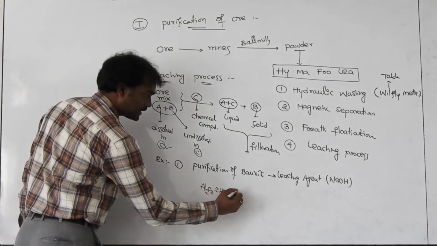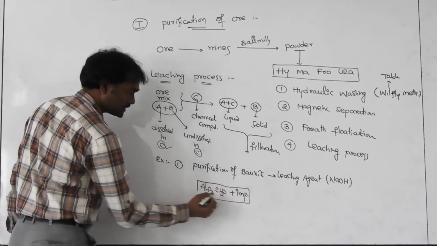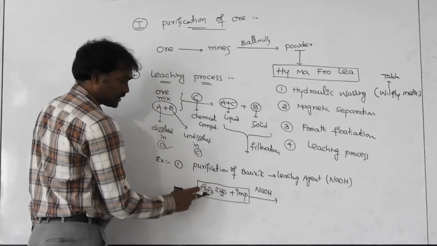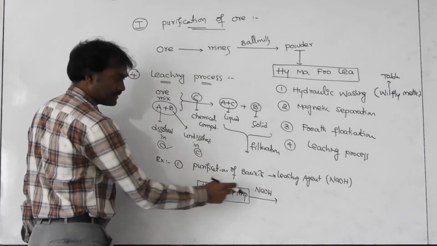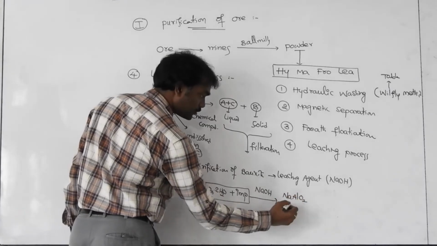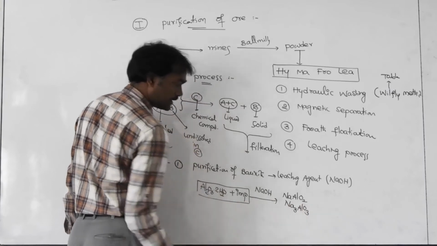This contains impurity. Now we treat it with NaOH. The alumina is dissolved in NaOH, giving NaAlO2, otherwise Na3AlO3.